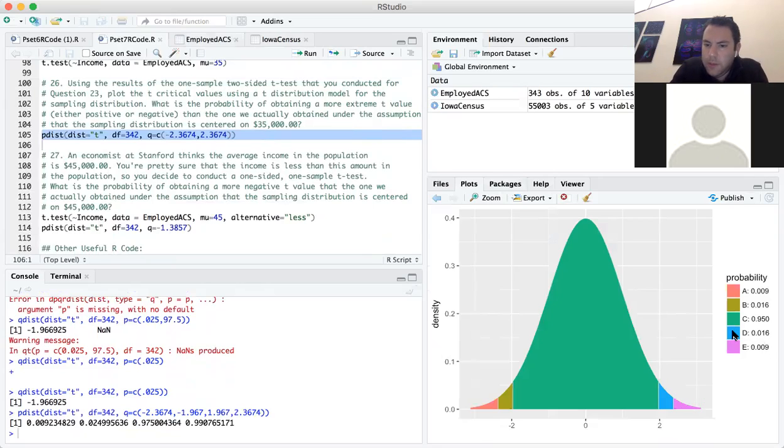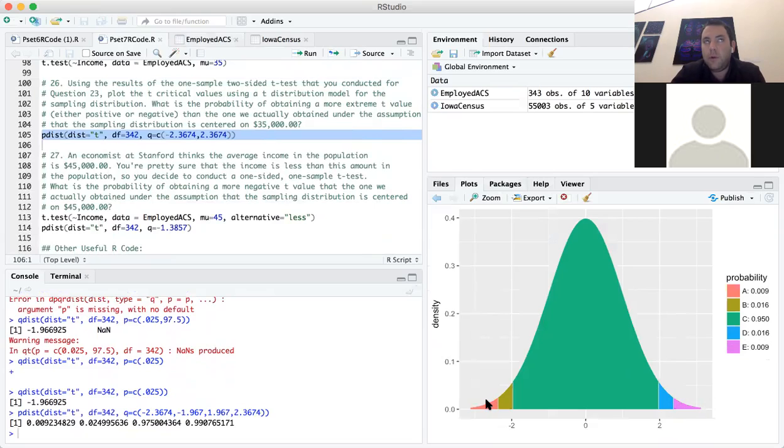And we can see that here because this is the blue region of 0.016 plus the purple region of 0.009. So if we add those two numbers together, that comes to 2.5% for this entire tail, the blue and the purple. And on the left-hand side, it's the same. This is also representative of 2.5%.